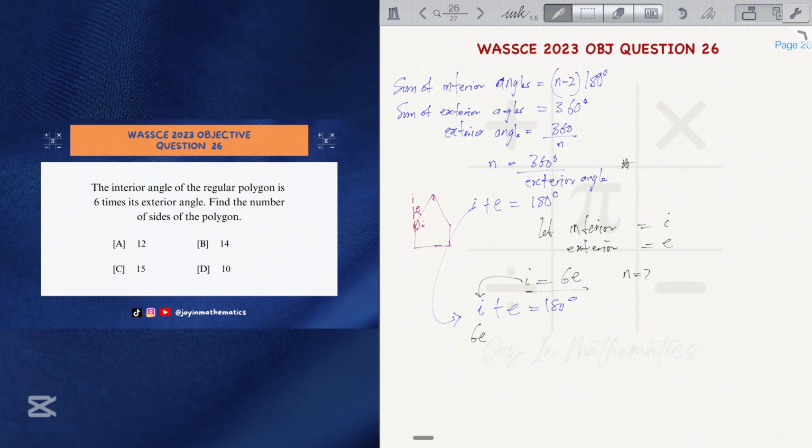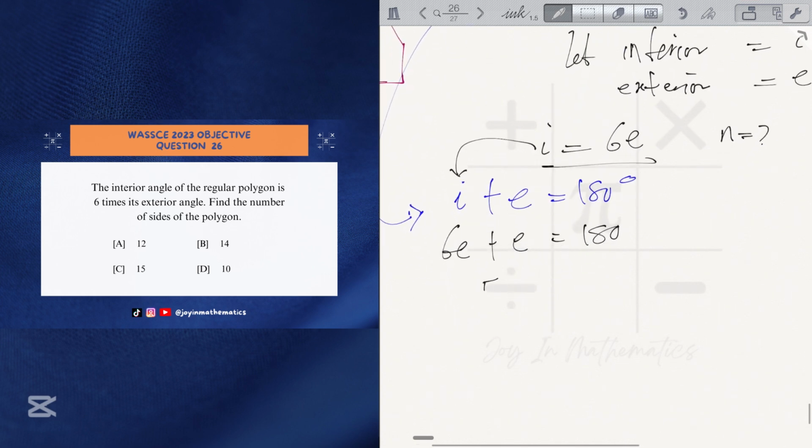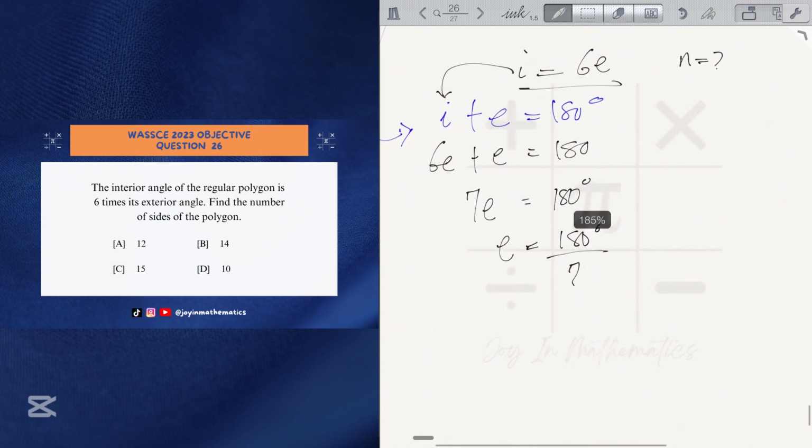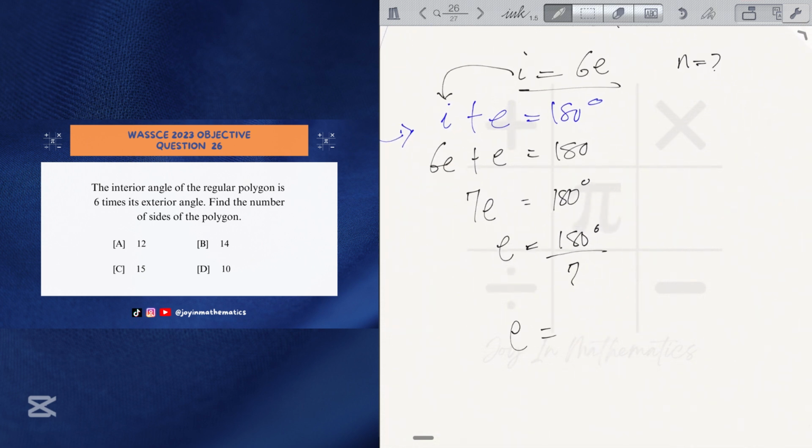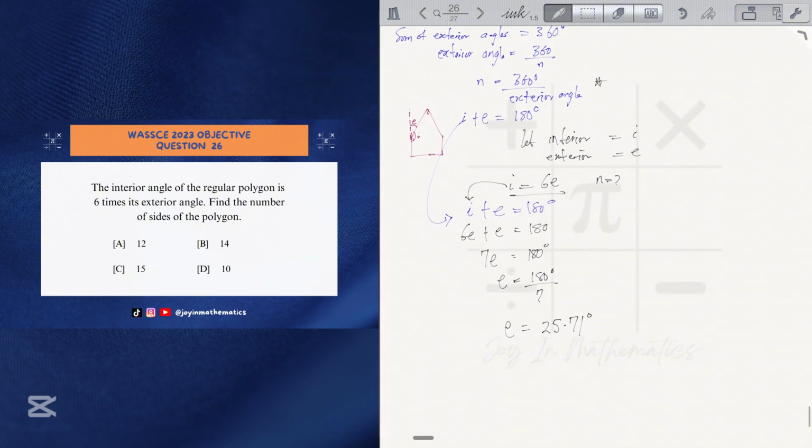So we have 6E plus E is equal to 180 degrees. So with this, we have 7 times the exterior angle is equal to 180 degrees. So the exterior angle is equal to 180 degrees divided by 7, which is equal to 25.71 degrees.